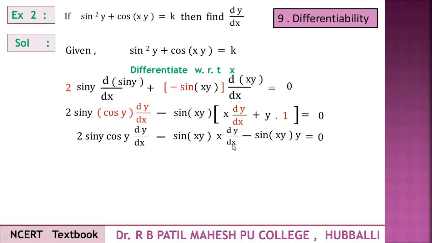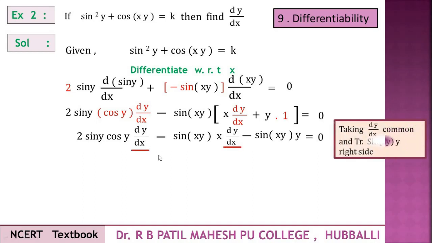Multiplying to the bracket, here we have dy by dx in two terms, so take it common, and also transfer this non dy by dx term to the right side, that is sin of xy into y. Transfer this to the right side. If I take dy by dx common, first is 2 sin y cos y, that function is written as sin 2y, a standard trigonometric identity, and minus, the second dy by dx coefficient is x into sin of xy.